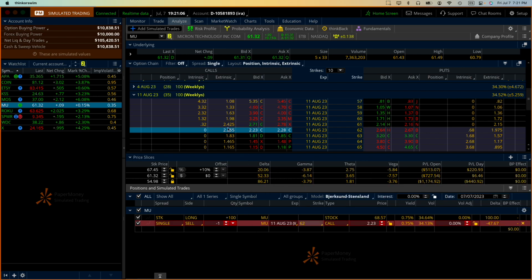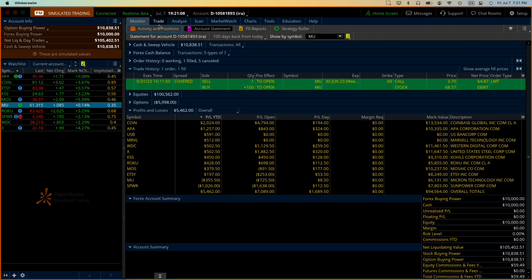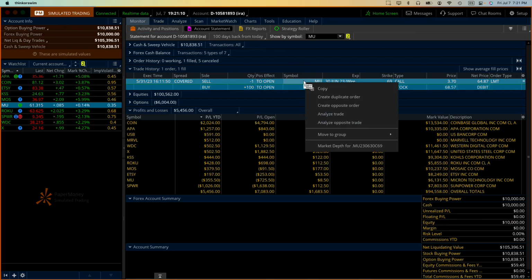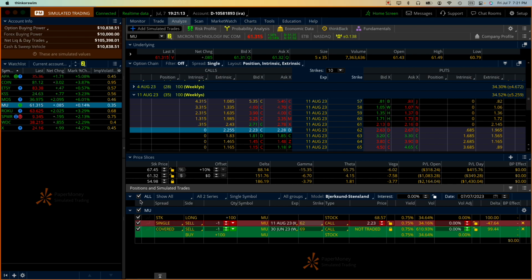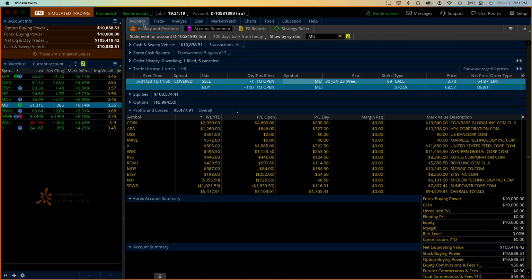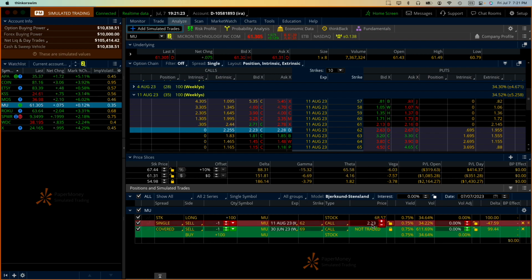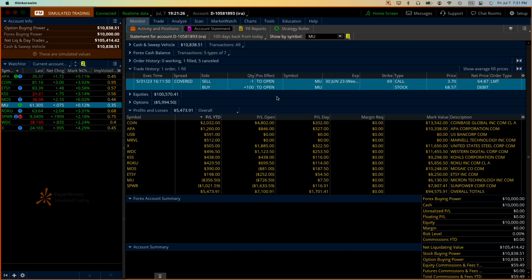If you want, you can look at this from this perspective. We analyze that. So the new trade is 223. Let's say calculation.